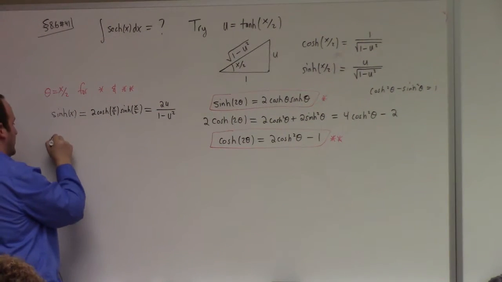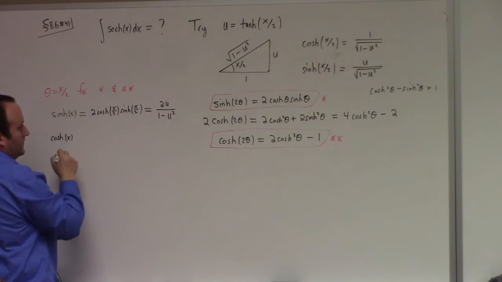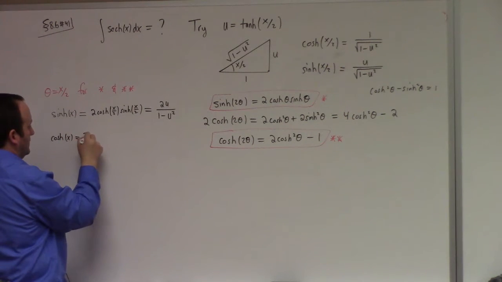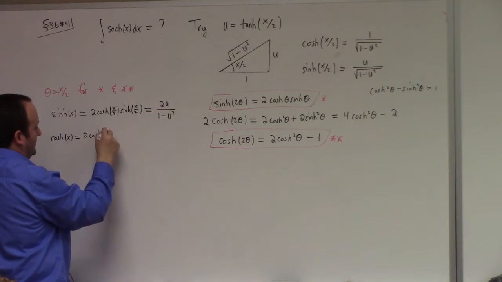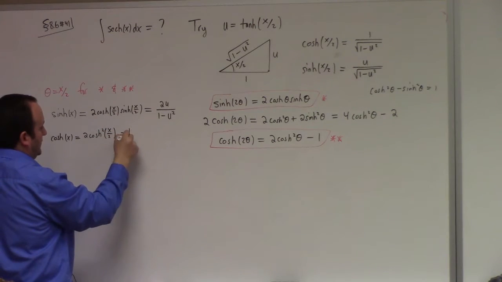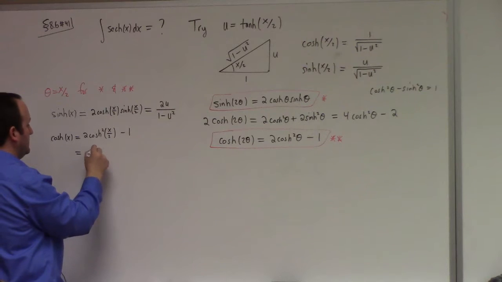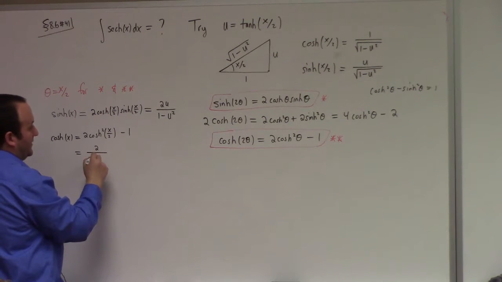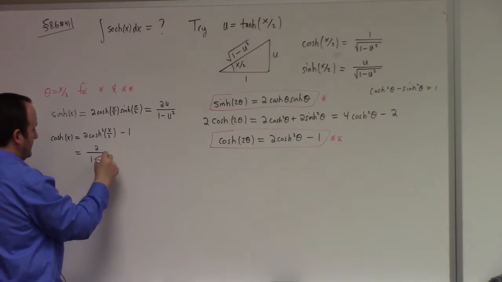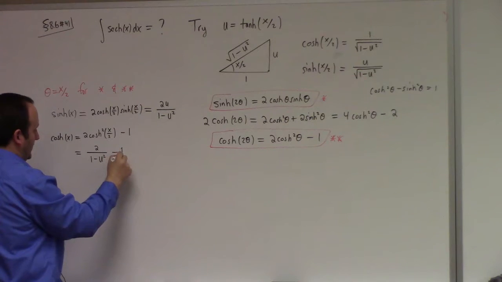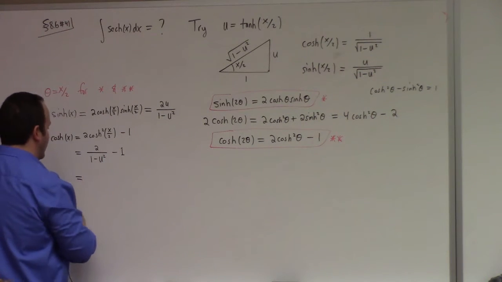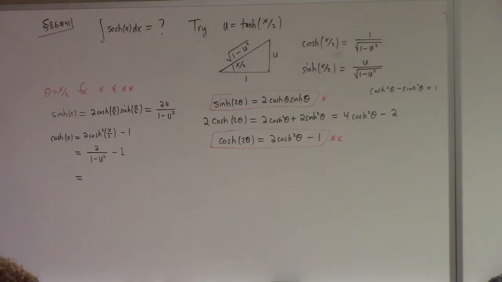Cosh x, what do we got there? We've got 2 cosh squared of x over 2 minus 1, which is 2 over 1 minus u squared minus 1. So just like with the cosine, we're going to have to make a common denominator to find the formula, which is analogous to the one that's boxed over here.